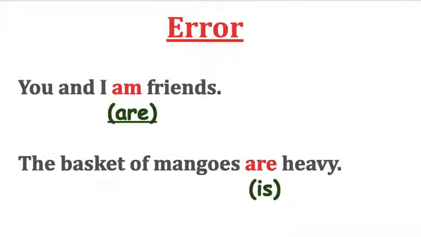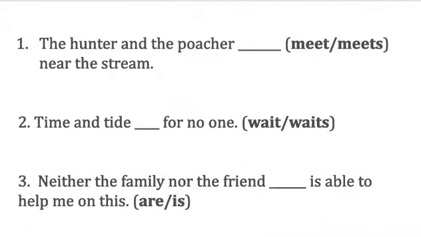All right, let's go and solve a few examples. The hunter and the poacher near the stream. Now select meet or meets. Here, because hunter is one subject and the poacher is a second subject, after combining it became plural. So definitely a plural subject will have a plural verb.